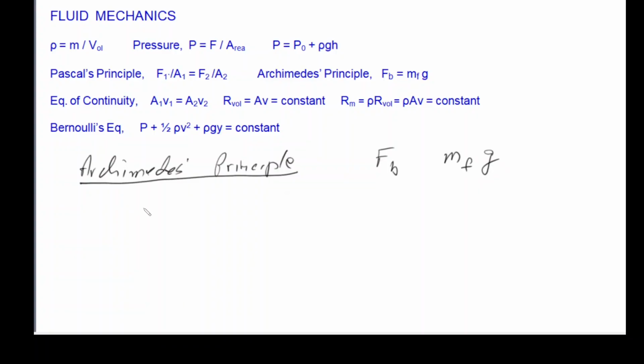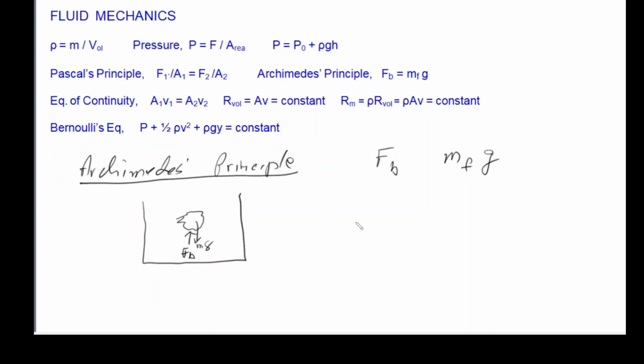So let's diagram this. Again, we have a body in the fluid, and there's a buoyancy force pushing up on the body, and the mass has a weight, mg.